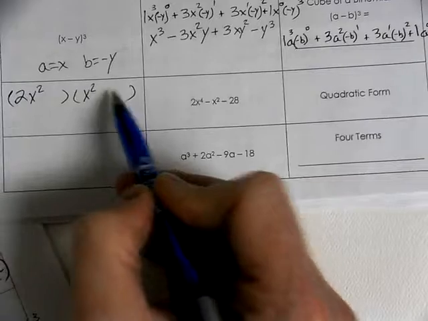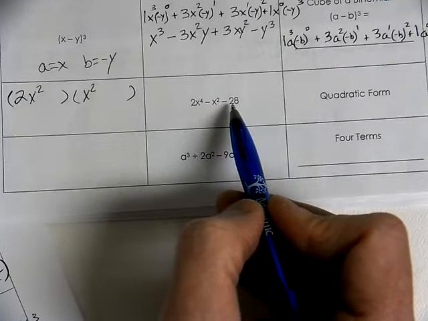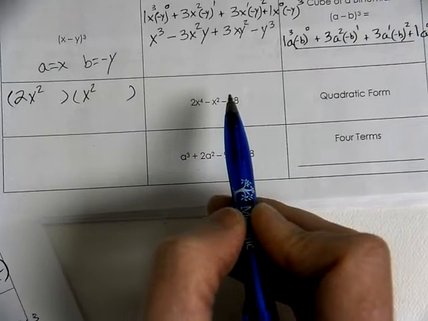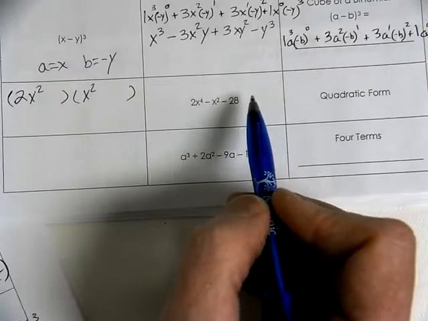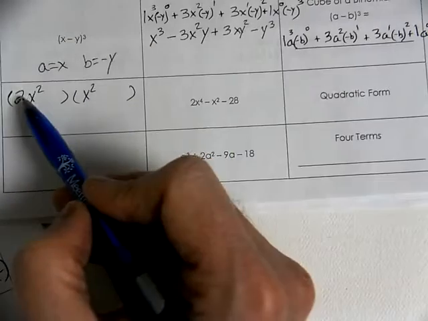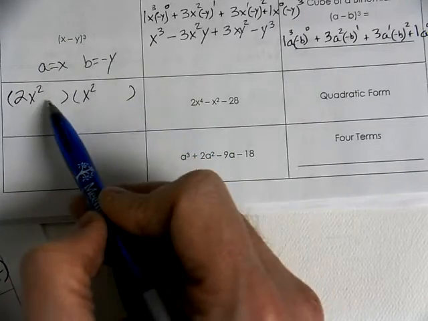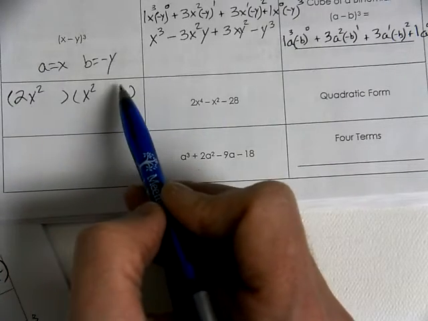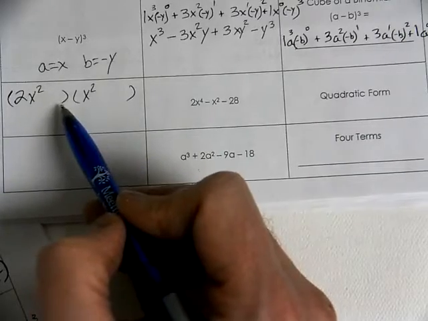Now you need 2 numbers that multiply to give you 28. Now that can be 7 and 4, that can be 2 and 14, that could even be 1 and 28. We've got to get down to negative 1. So if you say 2 times 14 and 1, that doesn't help. 2 times 7 and 4, 14 and 4 would give you 10.